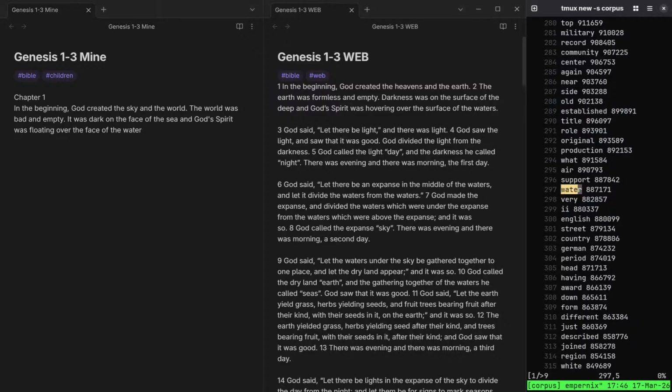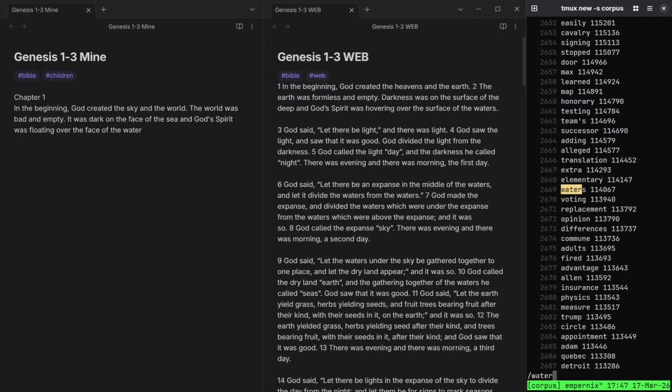Now what about waters? To be honest with you, I don't know what waters means in this context, because there's no land, right? In the story, there's no land. And it's like 2,600. I don't think that S adds enough value to the story.